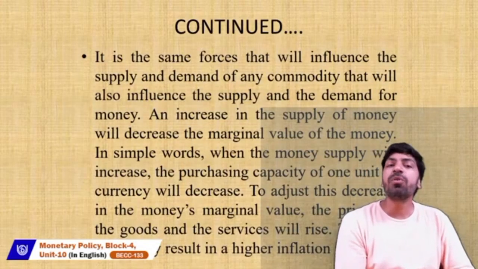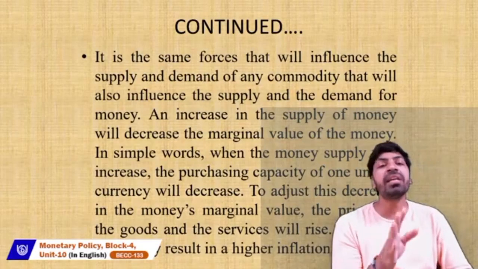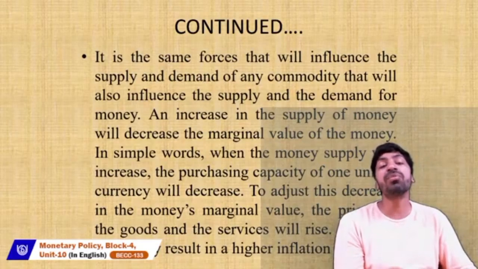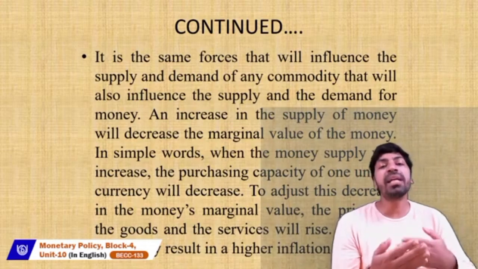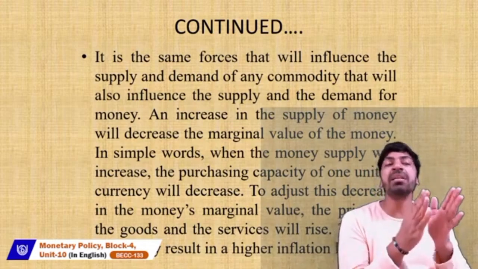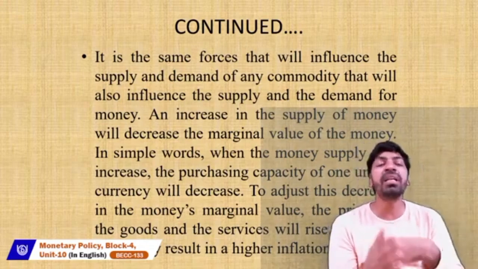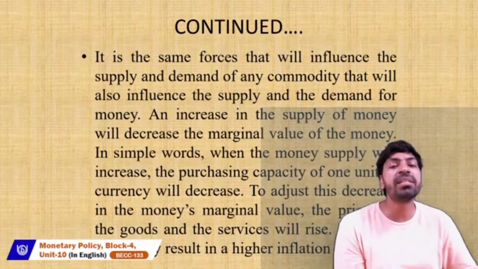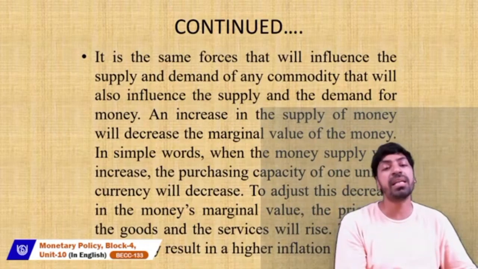The same forces also apply: when the demand and supply of any commodity change, it also influences the supply and demand for money. So when there is a change in the demand and supply of any commodity, it definitely also influences the supply and demand for money as well.